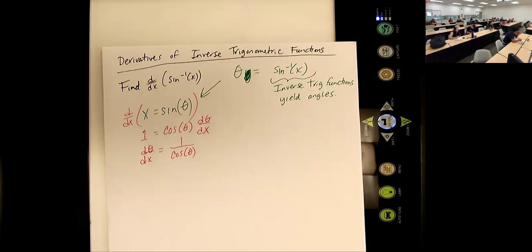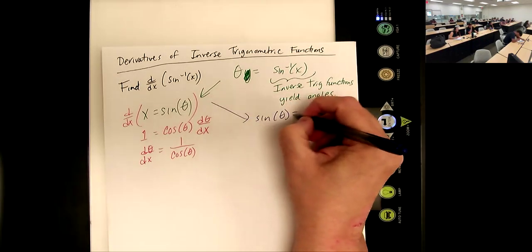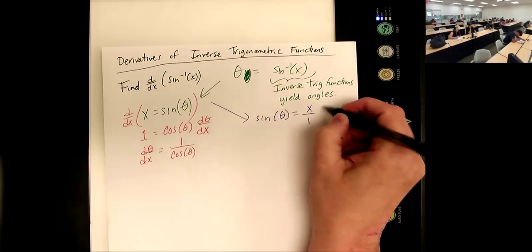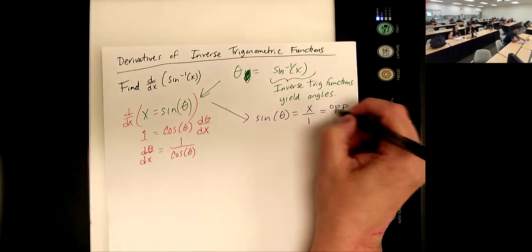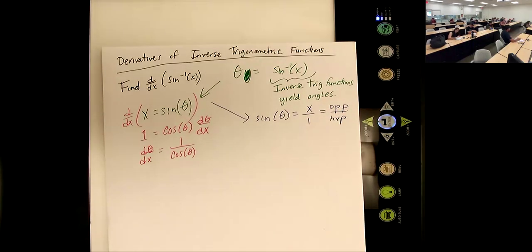Now what? Well, let's make a picture. We had x equals sine theta. So sine theta is x, or x over 1. And we're gonna do some right triangle work, so we can use SOHCAHTOA.